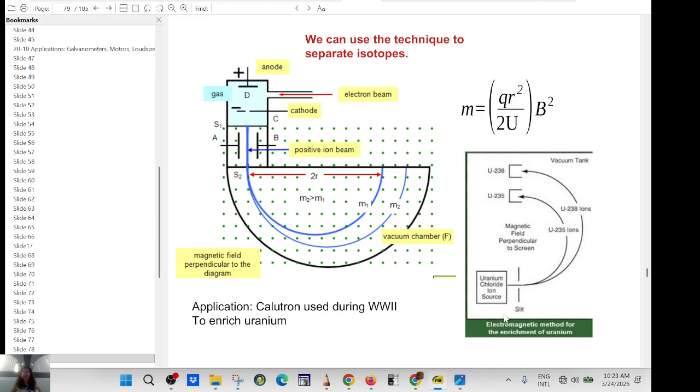So the idea, and that was Ernest Lawrence's idea, is to use uranium, strip electrons so it becomes charged, and put it in a mass spectrometer. Which one will curve more?